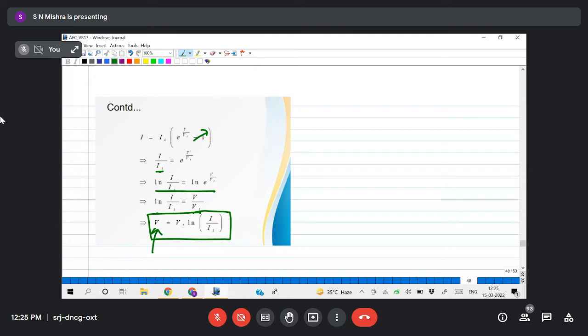Then how much voltage should we connect so that 5 milliampere current will flow across the diode? Indirectly Vt is given, we know 26 millivolt, Is is given as 2 nanoampere, and we need 5 milliampere current as Id. You need to find out what V is. Do you understand how to solve?